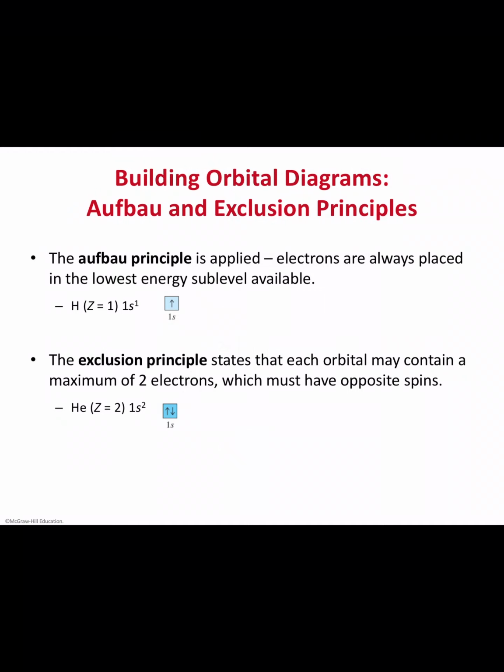Building orbital diagrams: Aufbau and exclusion principles. We're going to fill up the orbitals with electrons based on the Aufbau and exclusion principles. So what is the Aufbau principle? Electrons are always placed in the lowest energy sublevel available. We have to start filling from the lowest energy level, and then we gradually increase the sublevel energies.